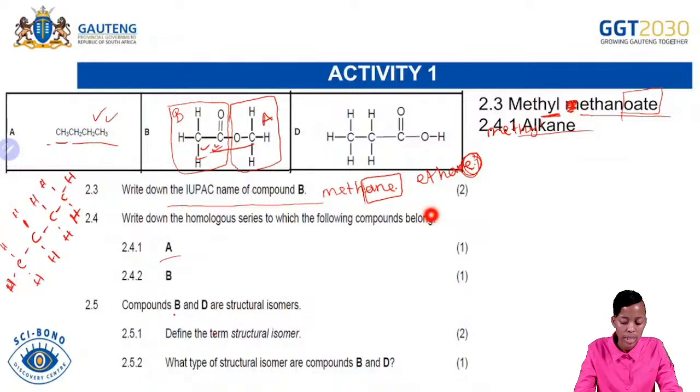So remember, we said because we have the C double bond O and the O there, it will mean that it is representing an ester.